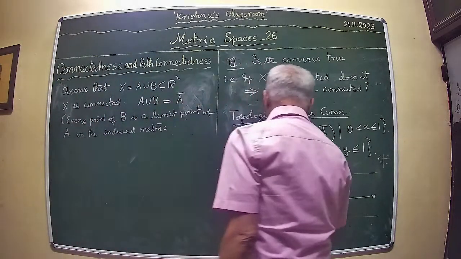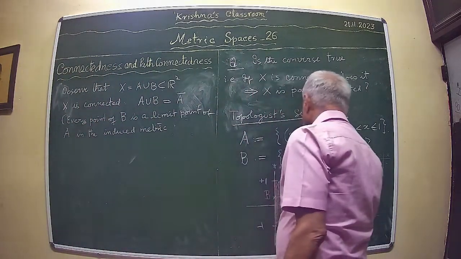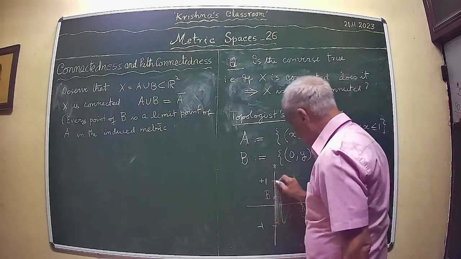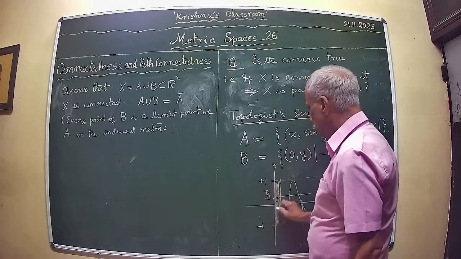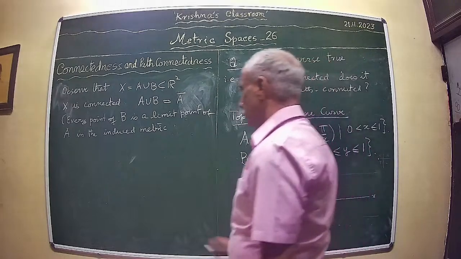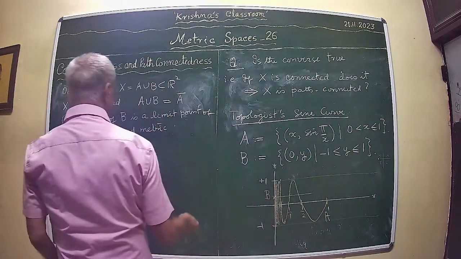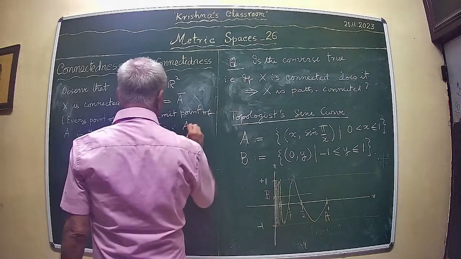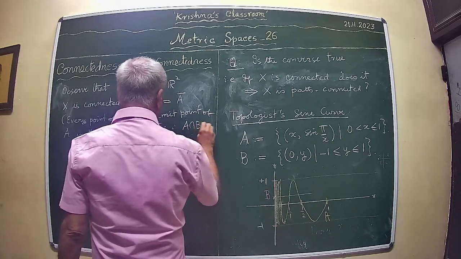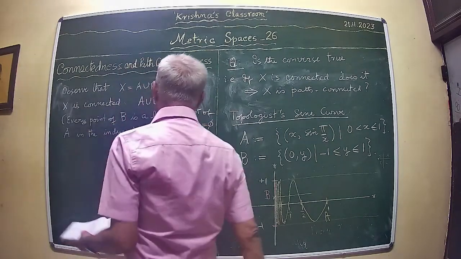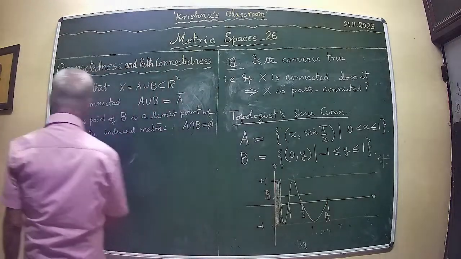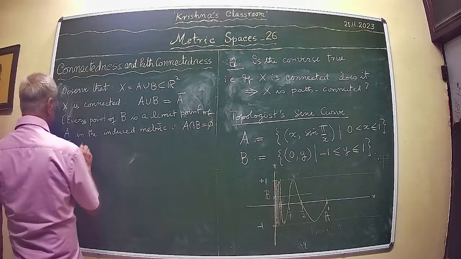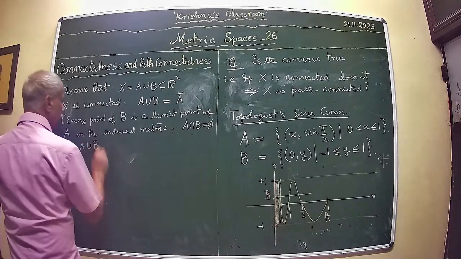If you take a point here, you can find a sequence of points over this which converges to that, although eventually it doesn't end up with any point here. A intersection B is empty, but A closure is equal to X.